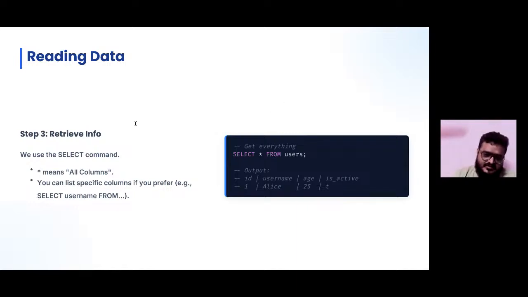This is the query which will give the entire table, or if you want only one or two columns, like select username, comma, age. If you run this, you will get only two columns. See, you have got only two columns, username and age. Based on your requirement and convenience, you can run this query and you will get the desired result.